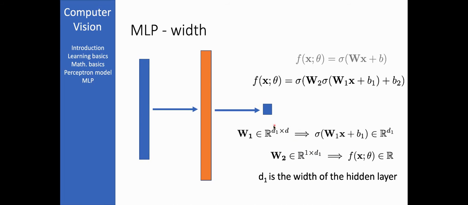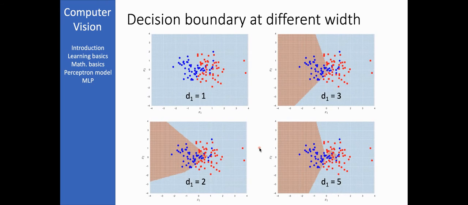So the width of this layer, D1, is really a design choice, and it has huge effects on what decision boundaries a model can create. If I keep it very simple, for example D1 equals 1, a one-dimensional layer, my model is not able to separate these samples at all. If I use D1 equals 2, so a two-dimensional hidden layer, and then go to the activation, I already see that I can create nonlinear decision boundaries.